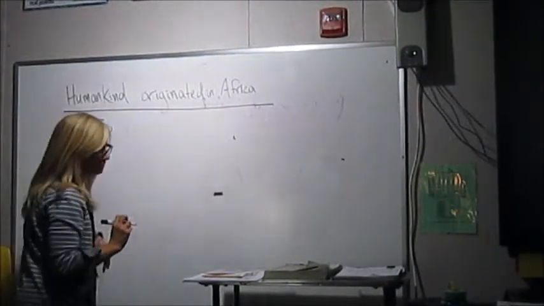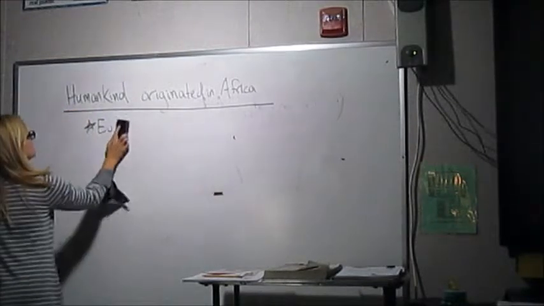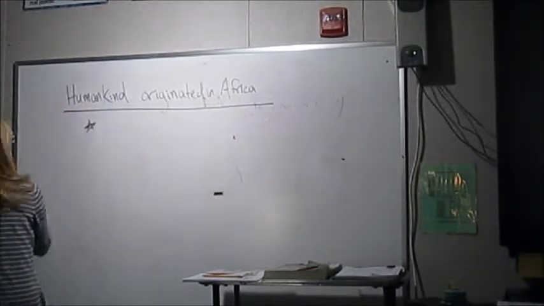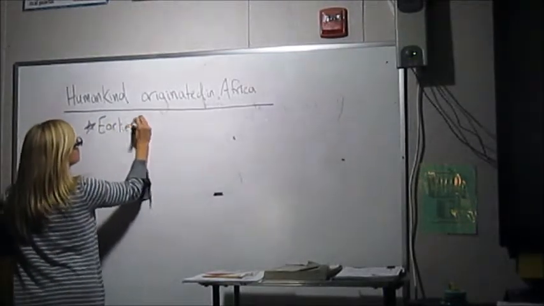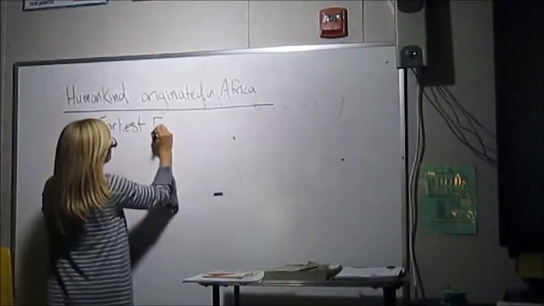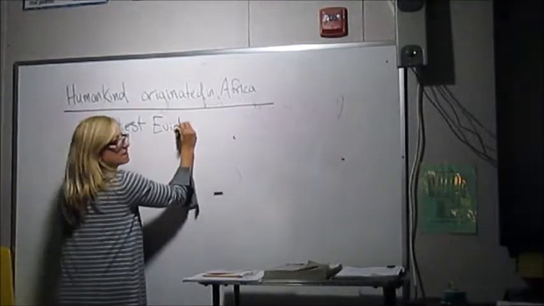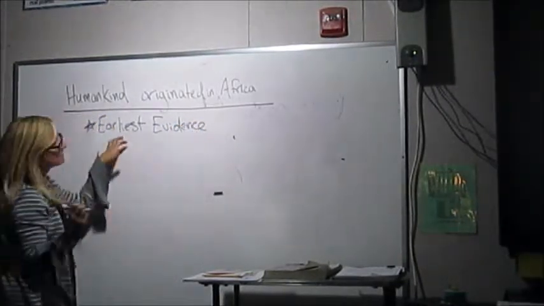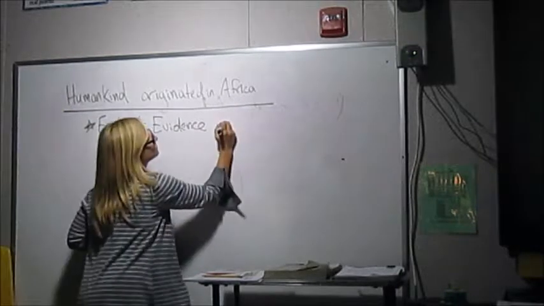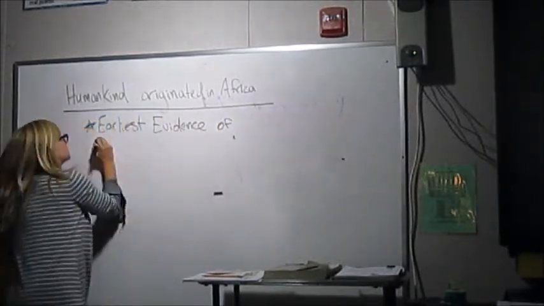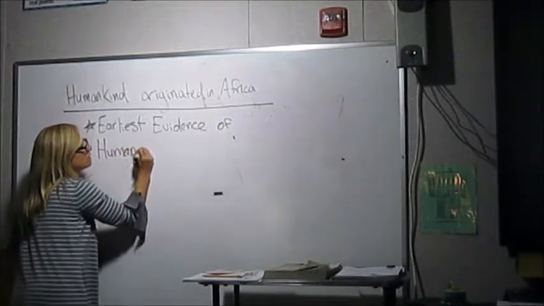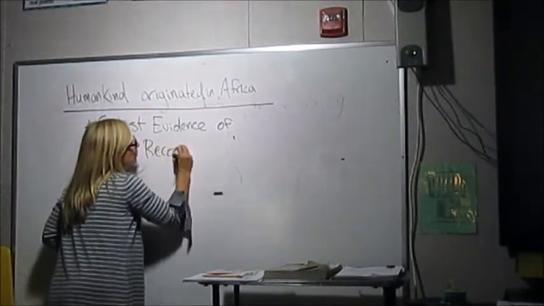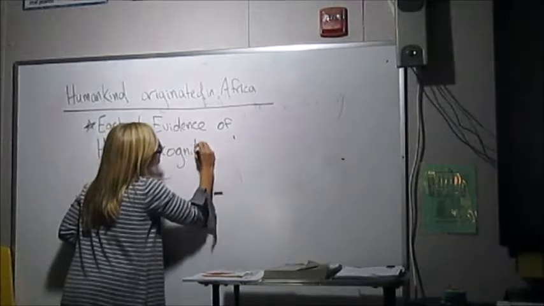Evidence. Nope, sorry, earliest. This is why I have notes, because I teach this and I forget what I say sometimes. This is the earliest, please write this on the lines of the slide. This is the earliest evidence, this is gonna get tricky, of human recognition.